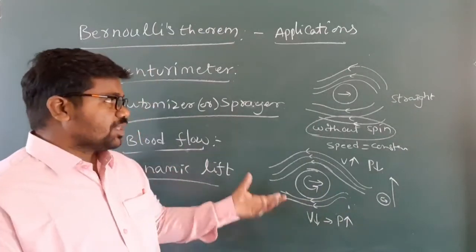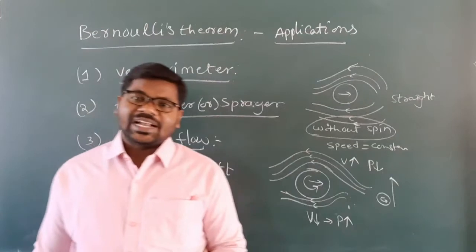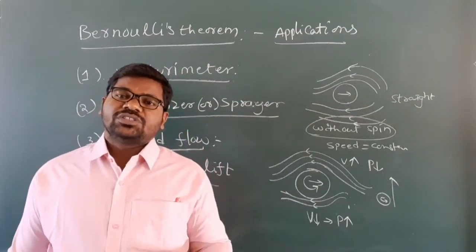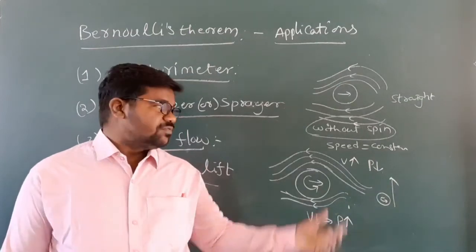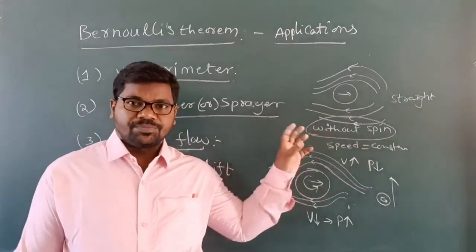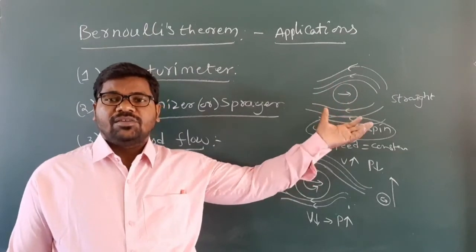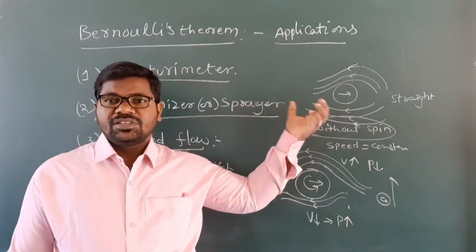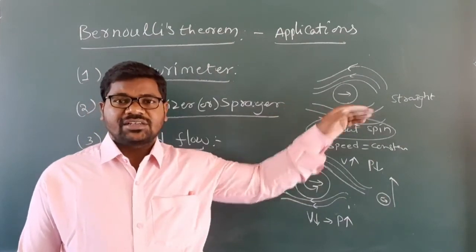Dynamic lift is the force acting on the body when the body moves inside the fluid. If the ball moves without spin, above and below the fluid flow is the same, so there is no net force and the ball moves straight.